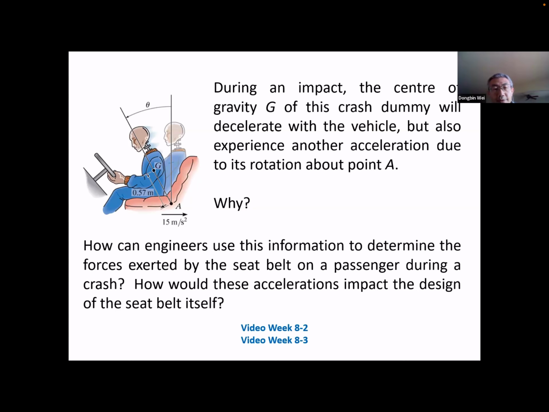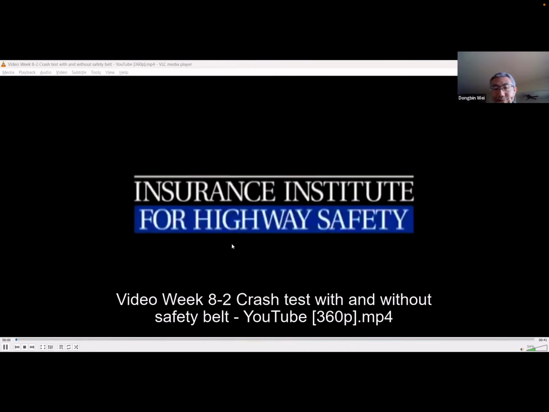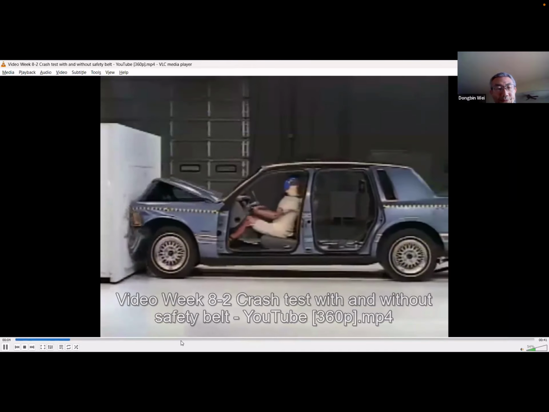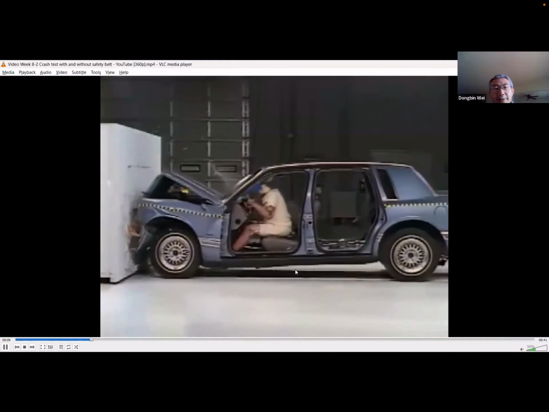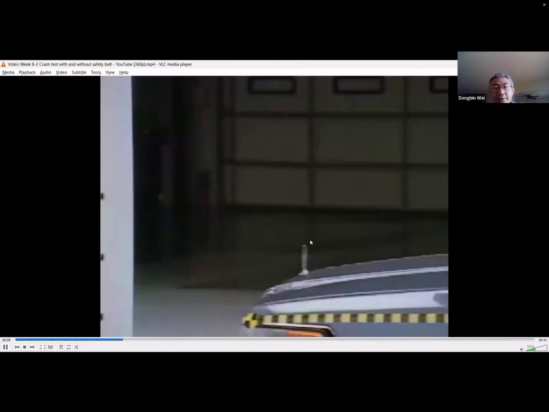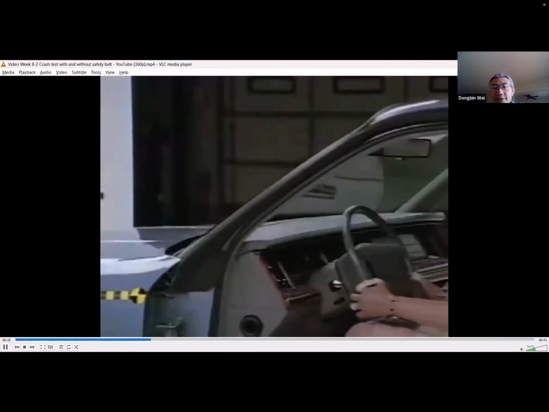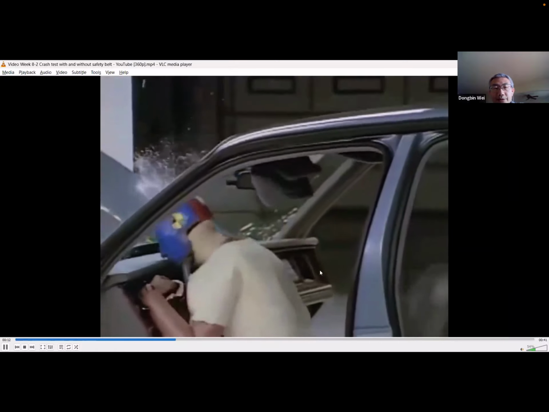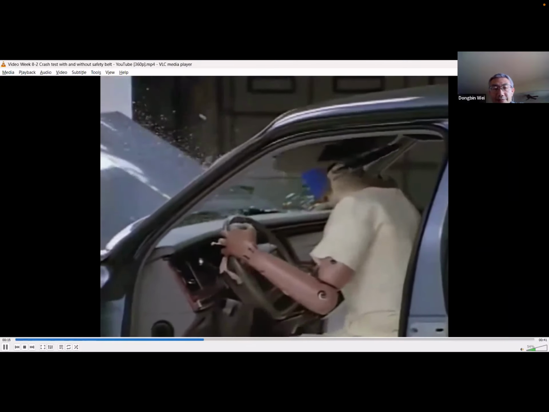Okay, let me play this video. Look at the dummy and what motion this dummy is undergoing when the crash happens.